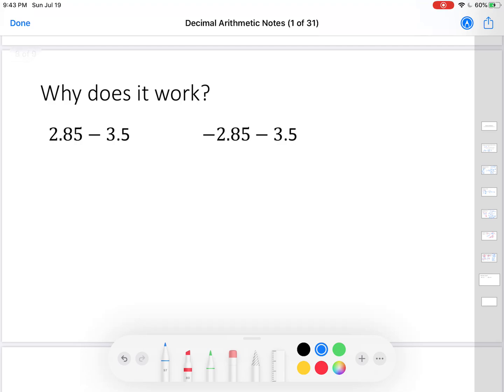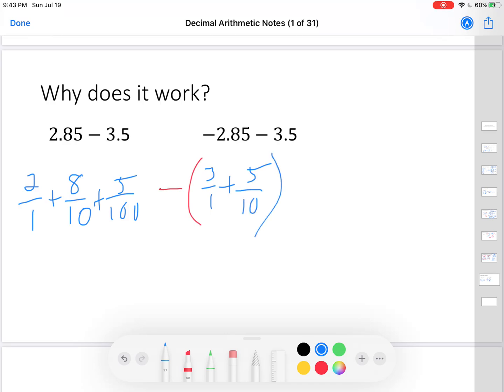Why does it work? Well, let's think of this as 2 over 1 and 8 over 10 and 5 over 100. And then we'll make this minus, I need parentheses, 3 over 1 and 5 over 10.